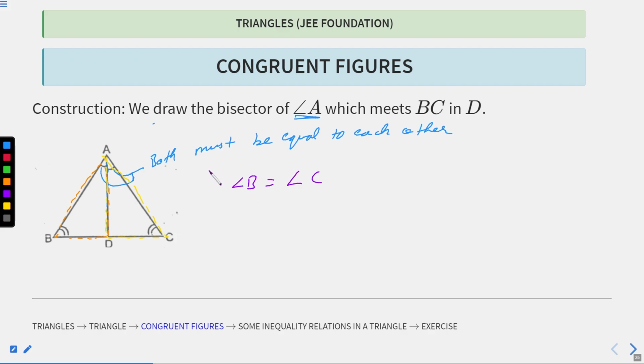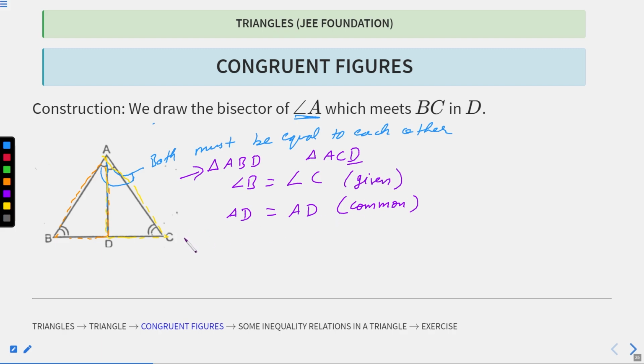I am comparing two triangles, triangle ABD and triangle ACD. From this triangle I am taking angle B, and from this triangle I am taking angle C, and it is given that angle B is equal to angle C. And the length AD is equal to AD because this is common.